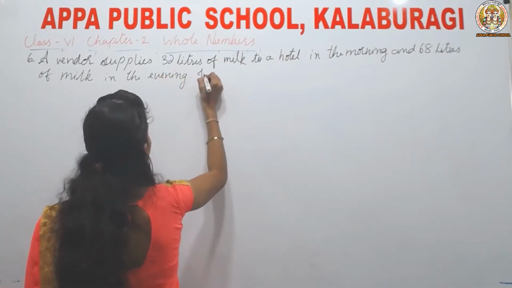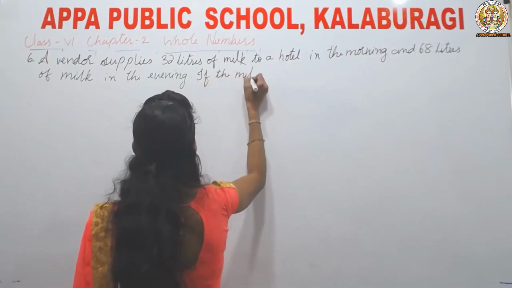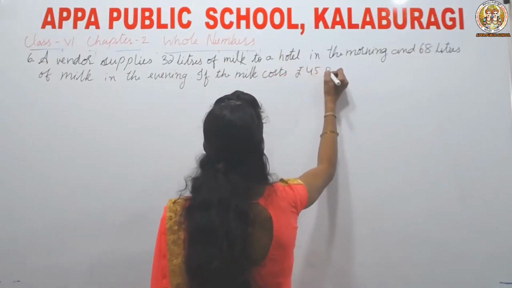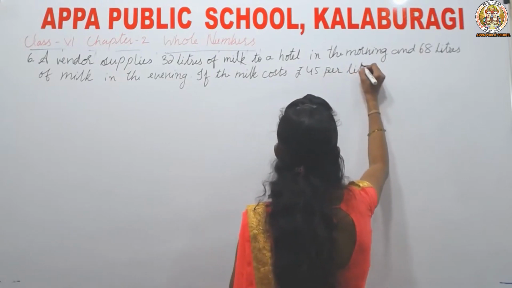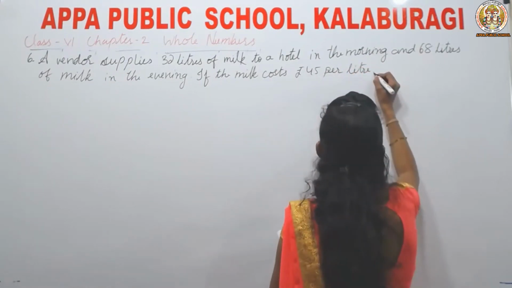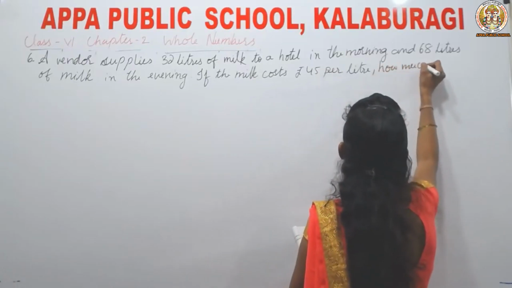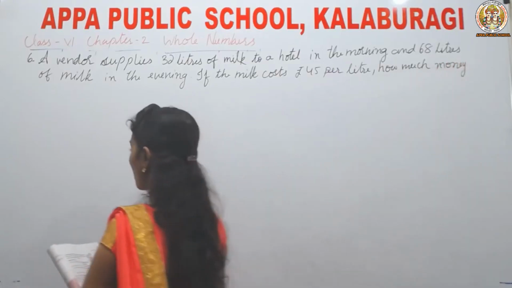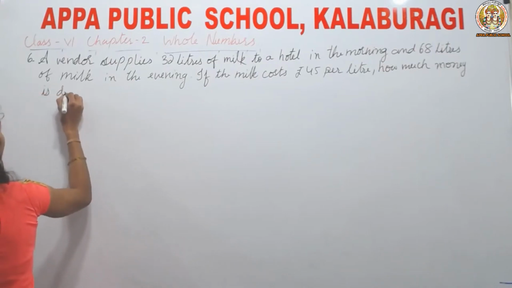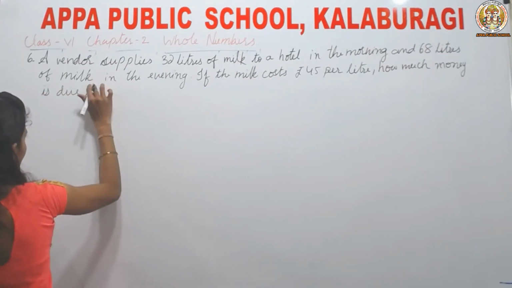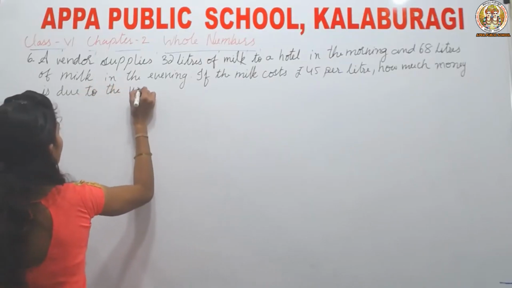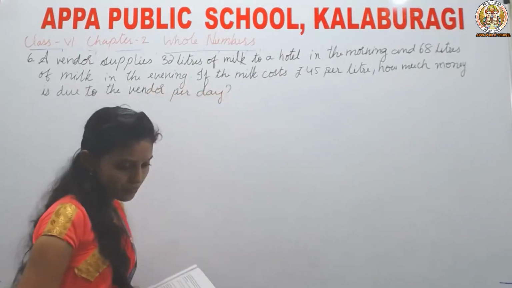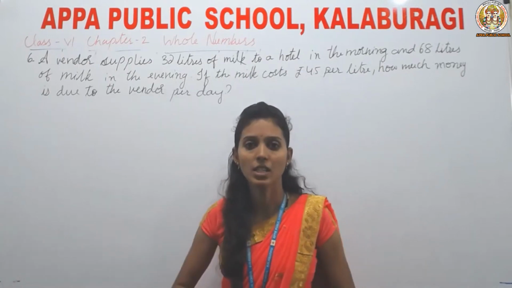If the milk costs rupees 45 per liter, then how much money is due to the vendor per day? This is the asked question.